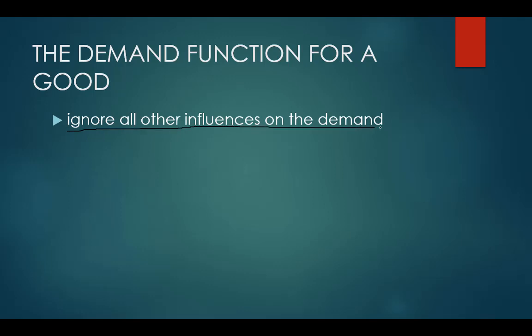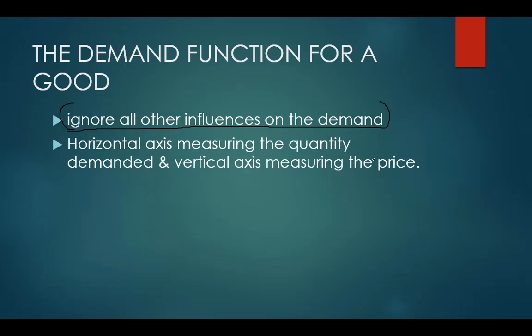In other words, when we try to capture the relationship between quantity demanded of a good and its own price, we ignore all other influences on the demand for that good, like prices of substitute goods, complementary goods, the household's income level, tastes, and so on.